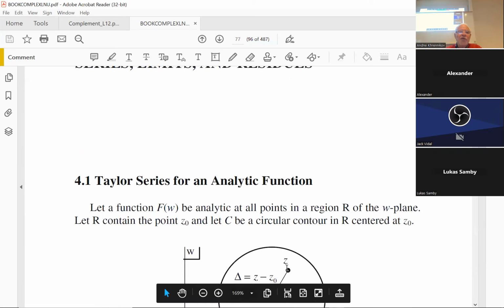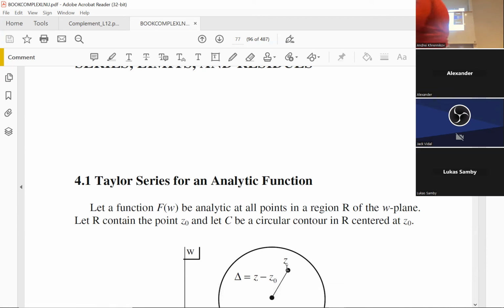Now we go to what I taught, and what is more or less the main picture: what is an analytic function.